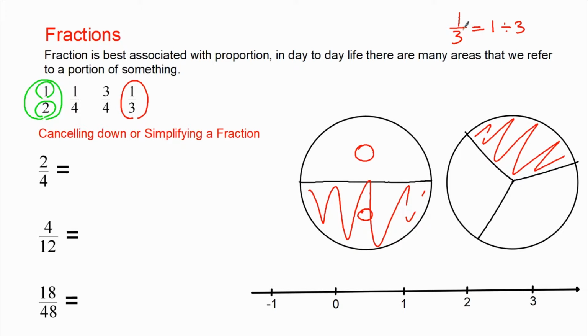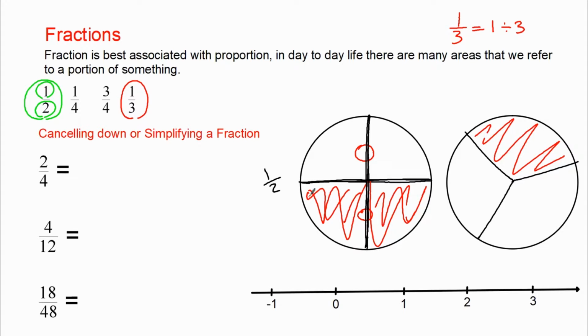What I want to cover here is cancelling down, or simplifying, fractions. So if I come back to my first one, which I had colored, 1 over 2, and divide this into 4 equal sections, you can see that the area I have colored, which is this section, is 2 out of 4 as well.